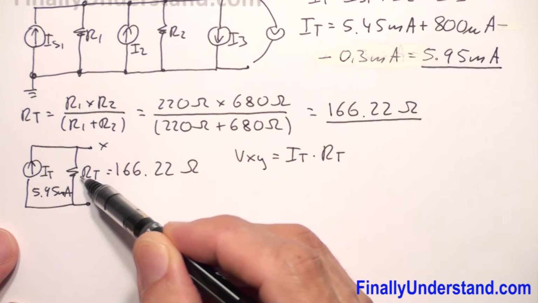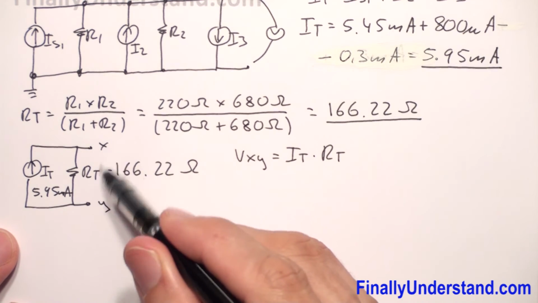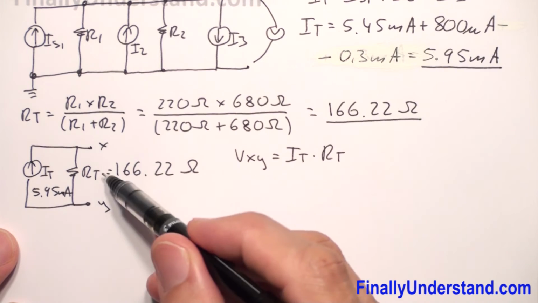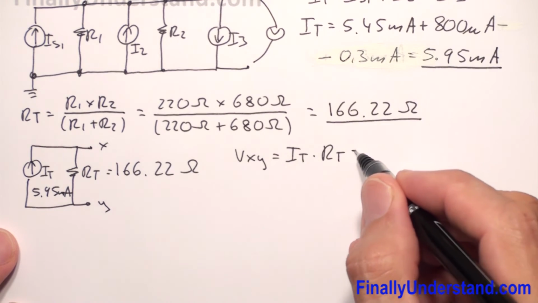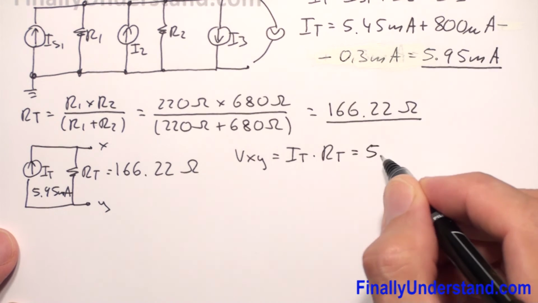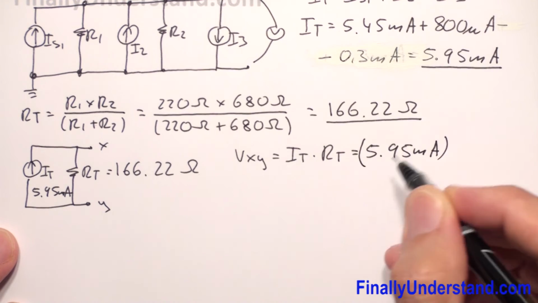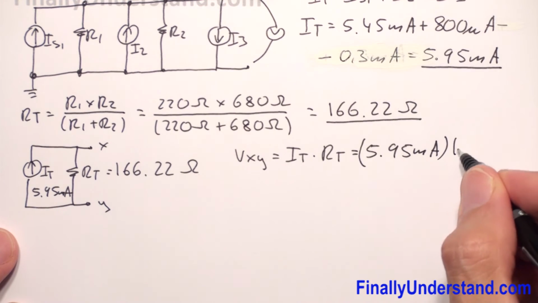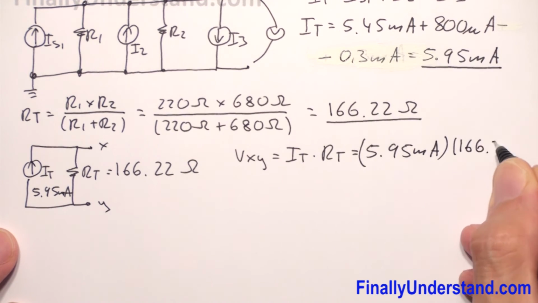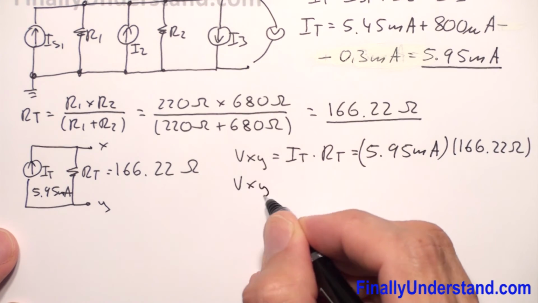So if you are going to find the voltage across this resistor, this is going to be the same voltage which the meter is going to measure. So I total we found is equal to 5.95 milliamps times R total, which is equal to 166.22 ohms.